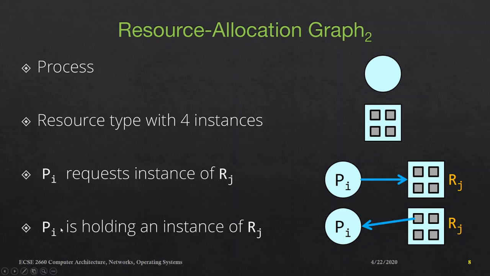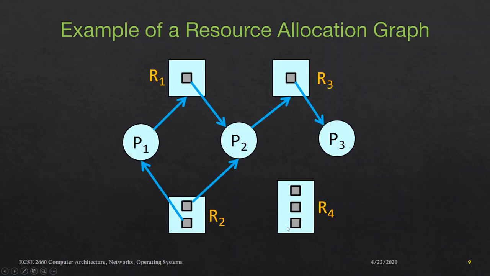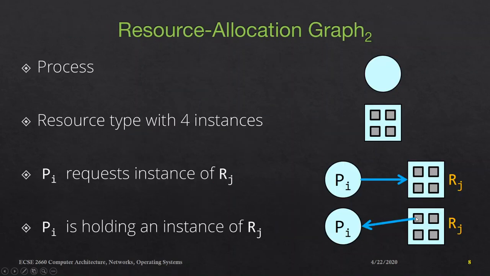Now, on the other hand, if Pi, the ith process, is holding an instance of the jth resource type, then the assignment edge or the allocation edge will be pointing in the other direction. But now we are going to start it from a particular instance of the resource and go to the process. So it points from the instance to the process. Notice over here, I am waiting for a resource instance. Over here, I have already assigned the instance of this resource type to the process. So it is allocated, while the other is still waiting or requesting.